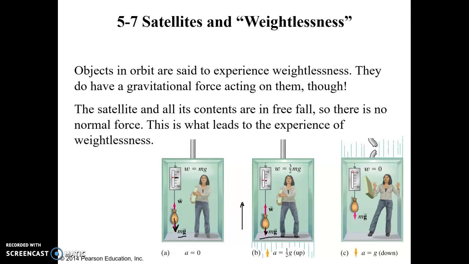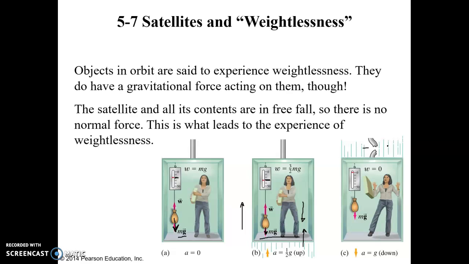And so we actually experience additional weight. It seems to feel like there's more weight because her weight is acting down, the elevator car is accelerating up, and so it's pushing against her with an apparent weight more than what it normally would be.